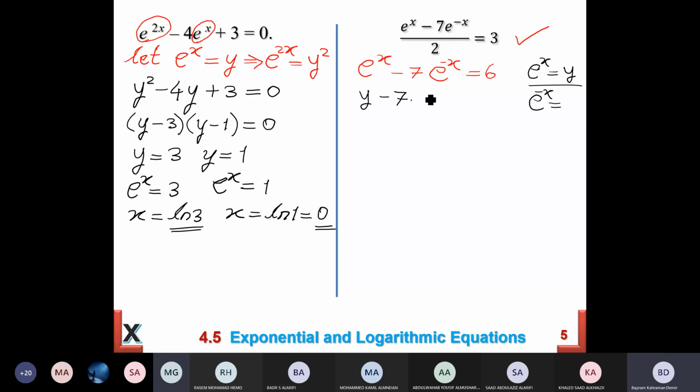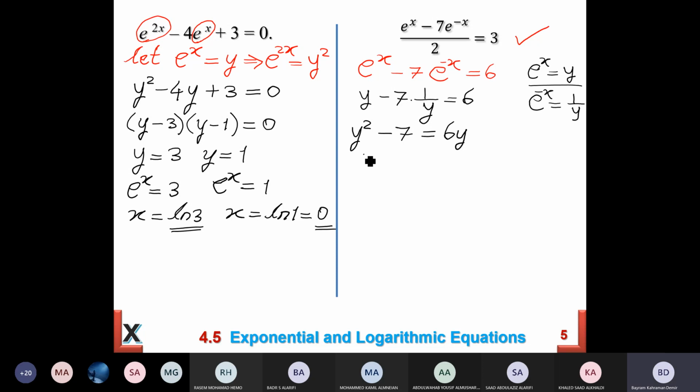So y minus 7 times 1 over y is equal to 6. Okay. What is next? What shall I do, Shabab? Multiply by y. Perfect. So you will get y squared minus 7 equals 6y.